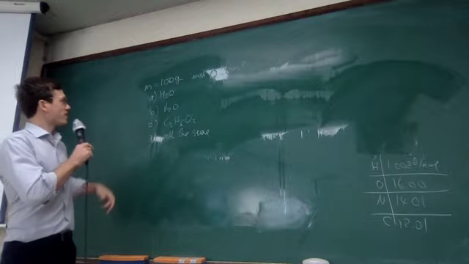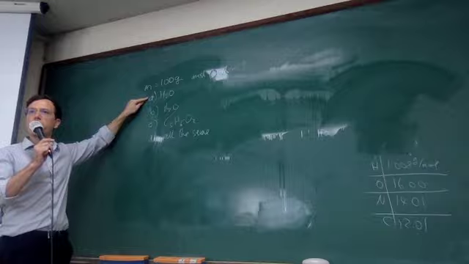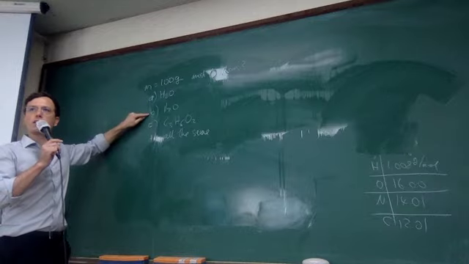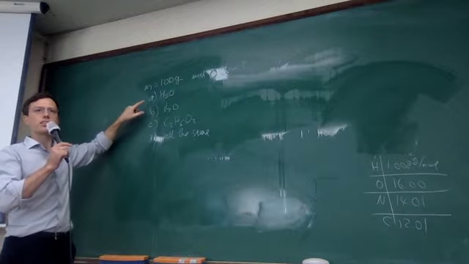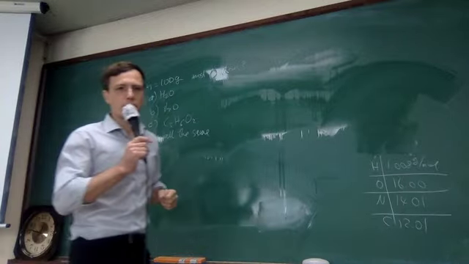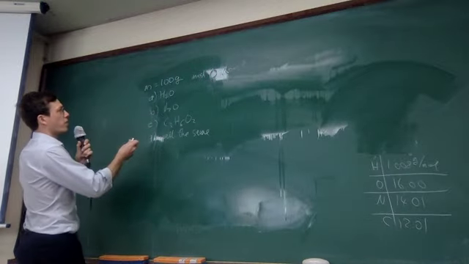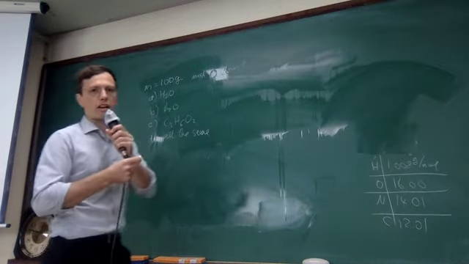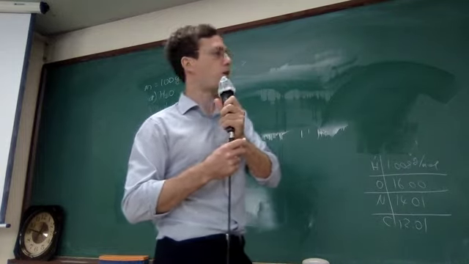Well, let me first ask to see how many already got the answer. So this is A, B, C, D. Okay, I think most of you already got the answer. So how do you do it? You get the number of moles for each molecule.